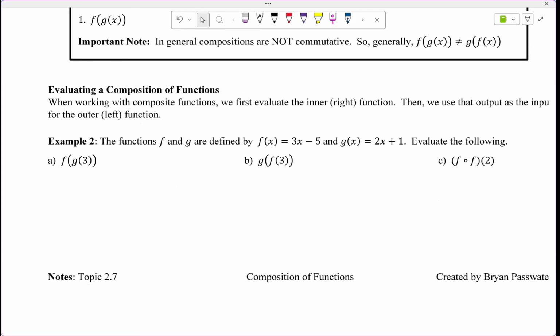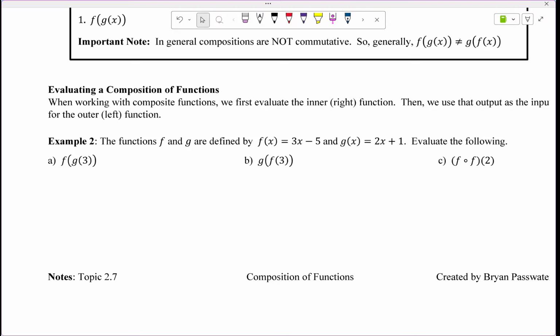We got 6. 69. Wait, how do you do the third?